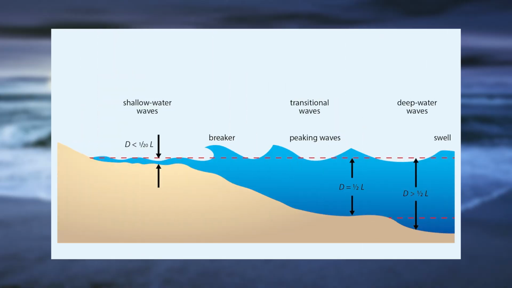Transitional waves are waves that behave partly like deep water waves and partly like shallow water waves. This happens when the water depth is neither very deep nor very shallow. The speed of the wave depends on different factors. In deep waters, the speed depends mainly on the wavelength, while in shallower water, the speed depends mainly on the water depth.